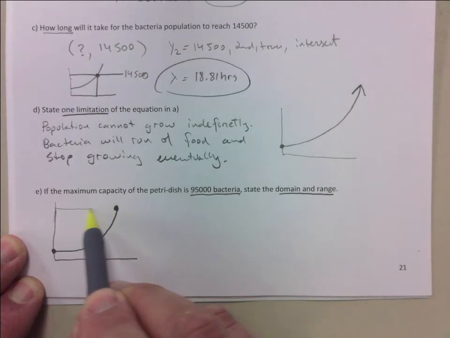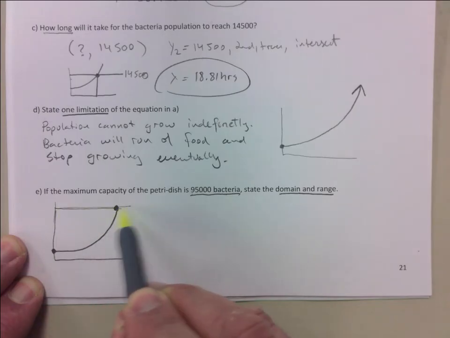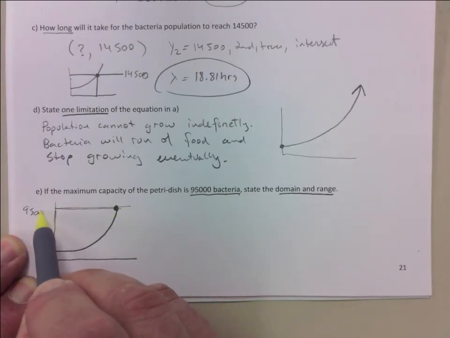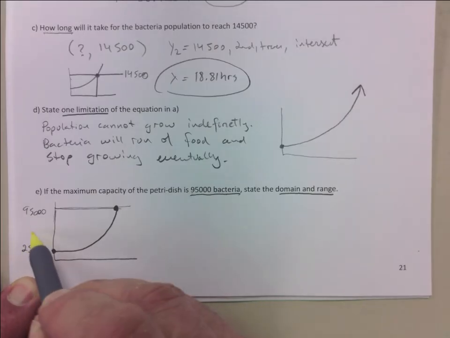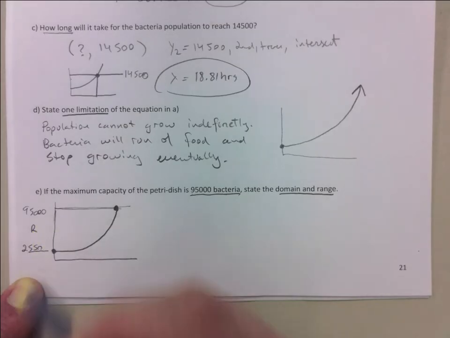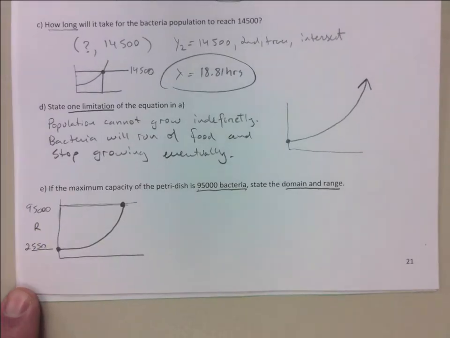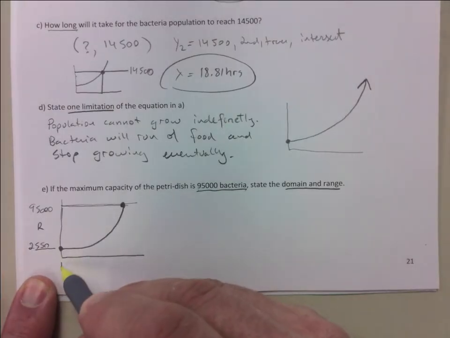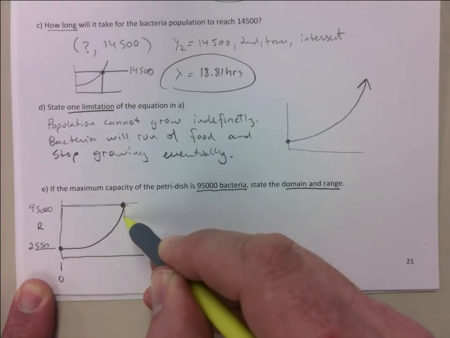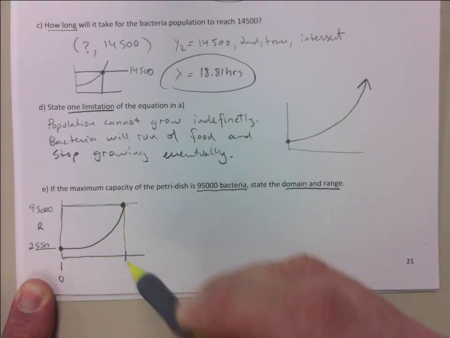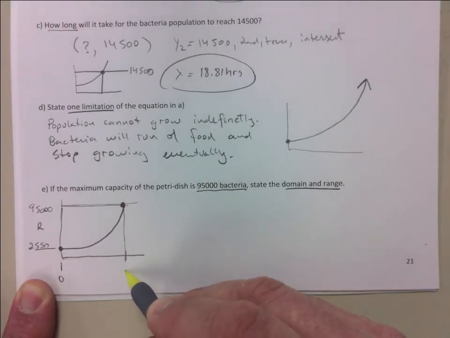We know that it stops at 95,000. We started at 2,550. So this is my range here. In terms of domain, I start at 0, and I will stop whenever I reach that 95,000. We need to figure that out.